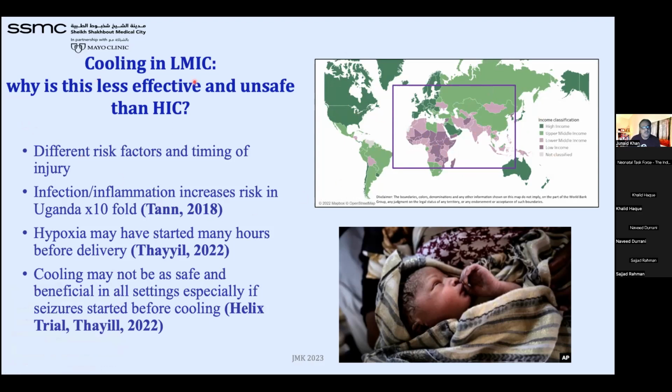So cooling in LMIC involves different risk factors and timing of injury. That's the very important thing. Uganda published a study showing infection and inflammation increased risk, and it can have an adverse effect. Hypoxia may have started many hours before delivery.